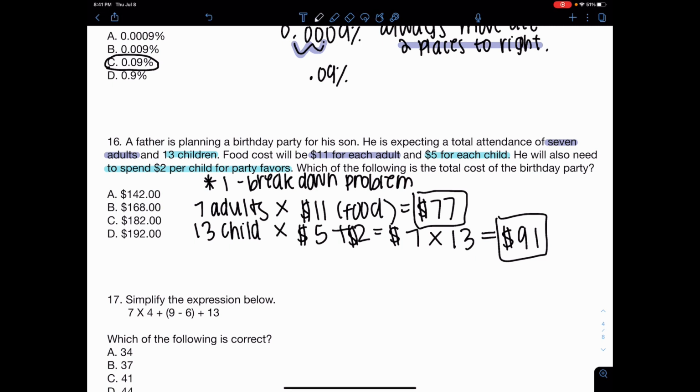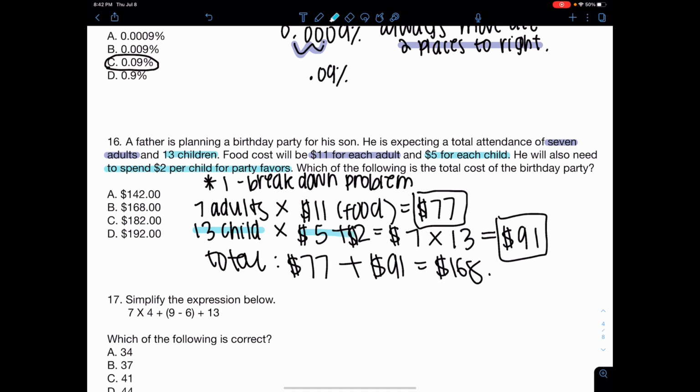So, of course, we're going to add the total cost: $77 for the adults plus $91 for the children. It's going to be a total of $168. And I think they could confuse you easily by putting that 2 and 5 separately, because that's going to make 7.